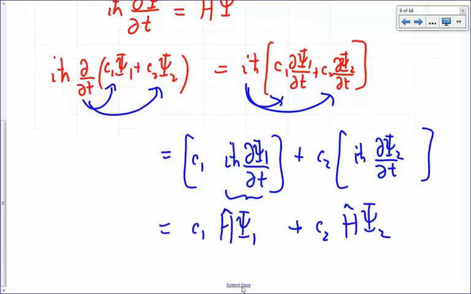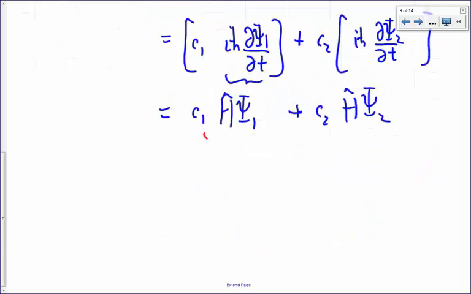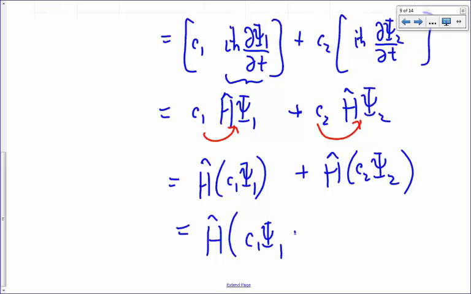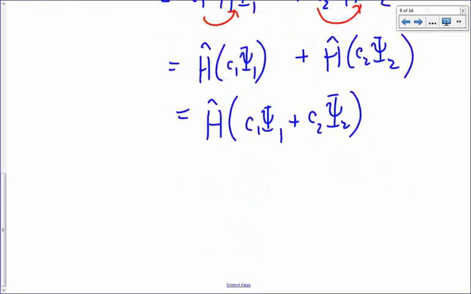Since the Hamiltonian operator is a linear operator, I can move my constants back in. So I can say this is H hat C1 psi 1 plus H hat C2 psi 2. And since it's a linear operator, that's the same thing as H hat of C1 psi 1 plus C2 psi 2.